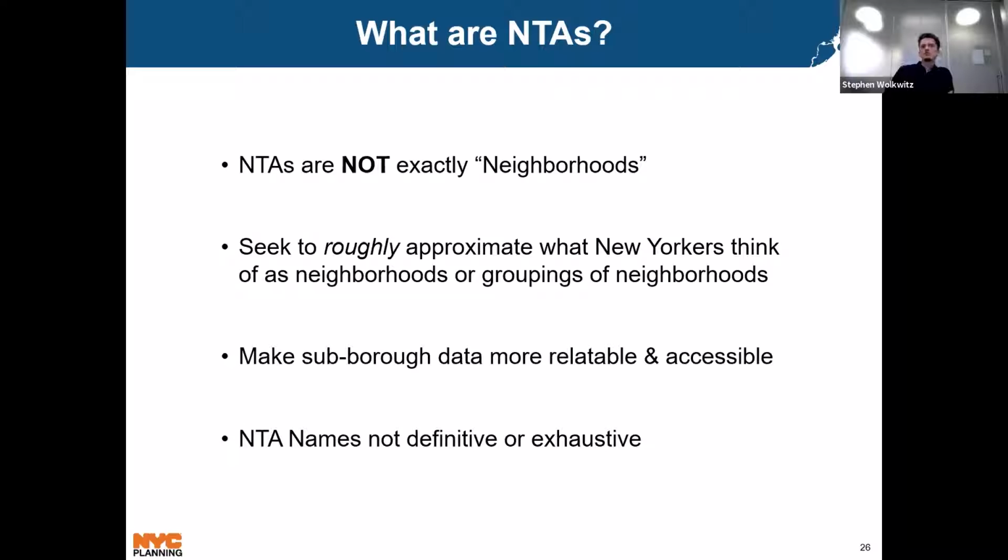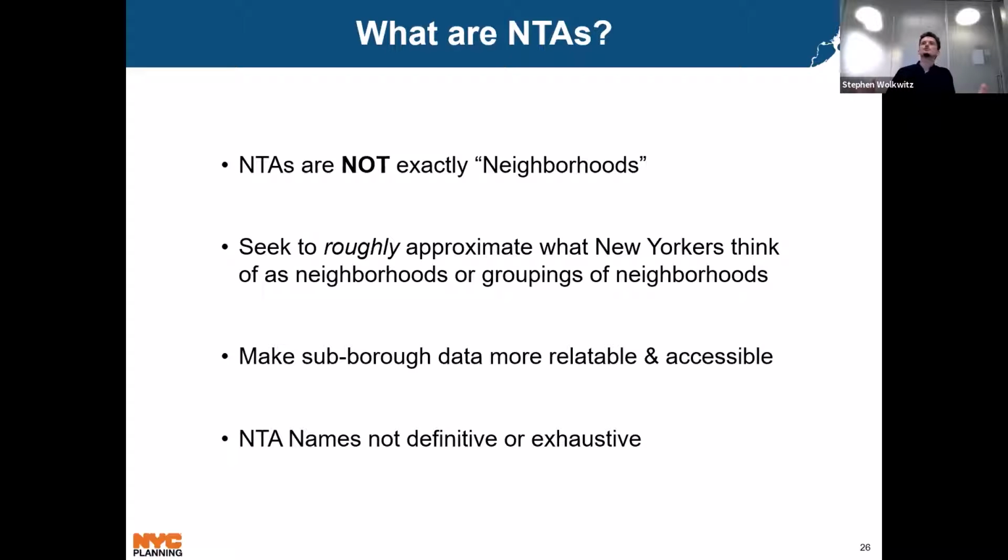Well, we think that this helps make the subborough data more relatable and accessible. For example, if you hear a statistic for Census Tract 171.02, unless you're really familiar with that particular census tract, that probably doesn't mean much to you. It's kind of hard to wrap your mind around that concept. Whereas if you hear the population for East Williamsburg is this, or the foreign-born population of Elmhurst is that, if you know the neighborhoods of New York City, that's something you can wrap your mind around.